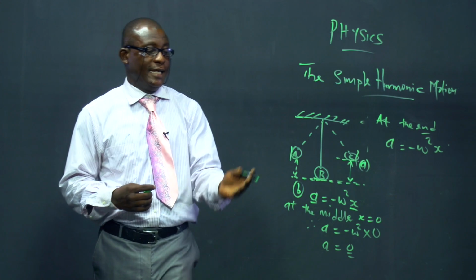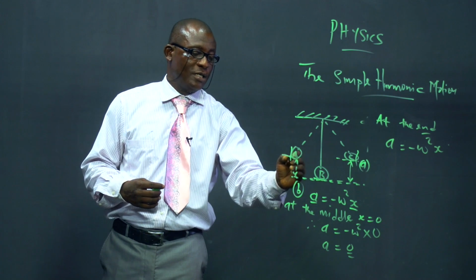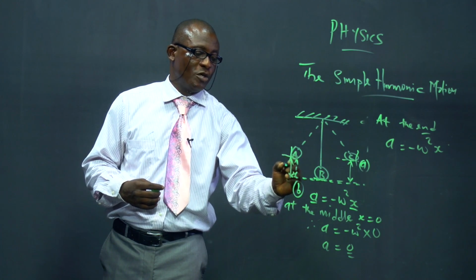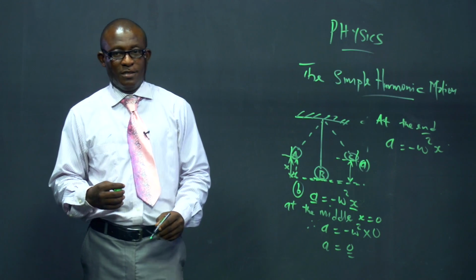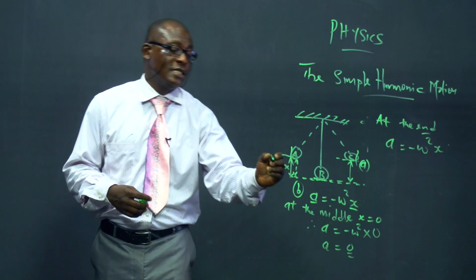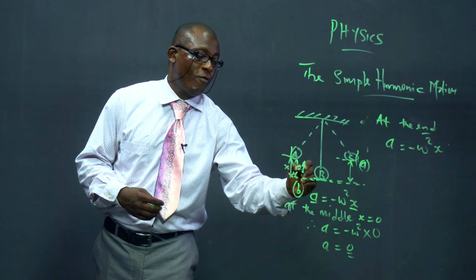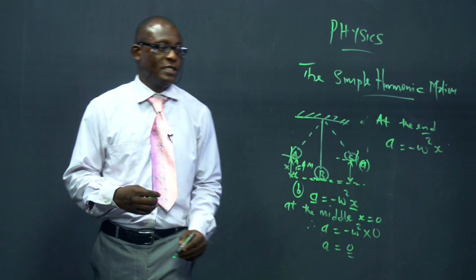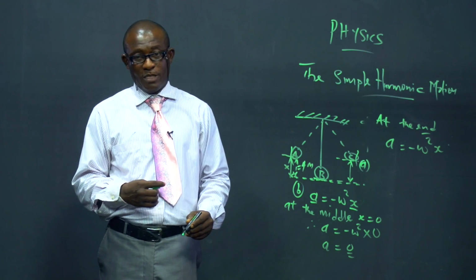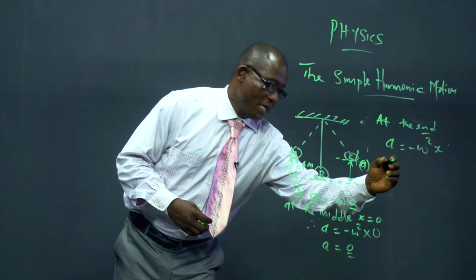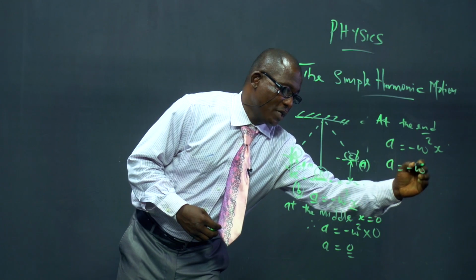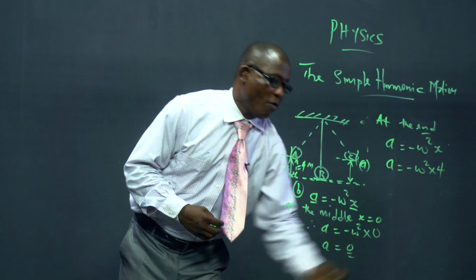If you look at the end, that is where we have the maximum displacement. And the maximum displacement is 4 meters. From the question, we are given the maximum displacement as 4, meaning acceleration is minus omega squared multiplied by 4.